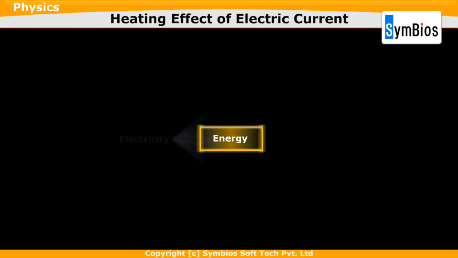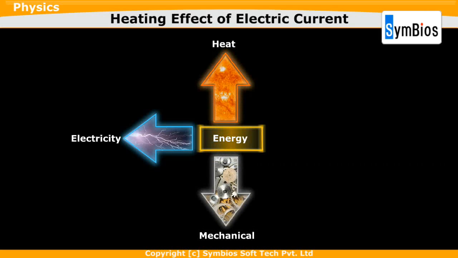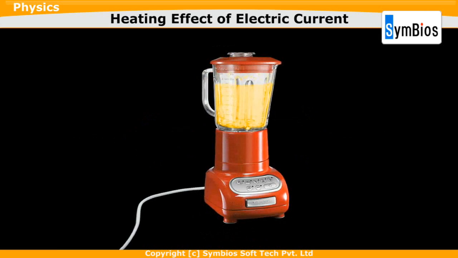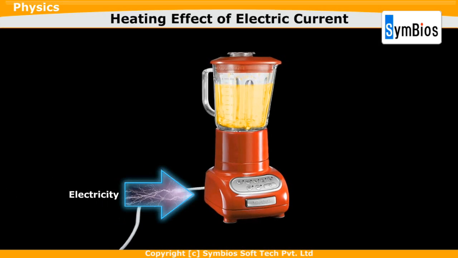The energy can be transformed from one form to another. When current passes through an appliance such as mixer, it gets electrical energy. What happens to this energy? Where does it go?